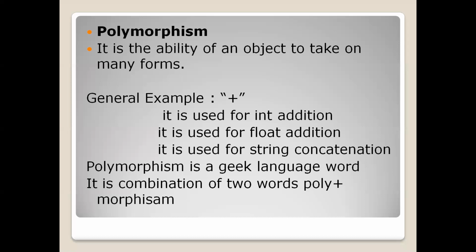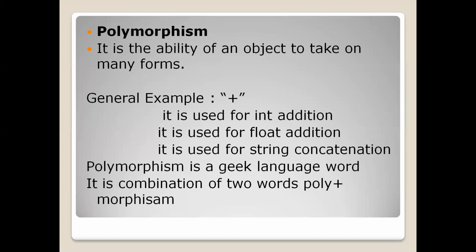Let us take one more general example, what we are seeing on the screen. Here we are considering an operator called plus. We all know the plus operator, plus symbol, right? So if we have defined three integer variables, please observe and please make a note of each and every point what is coming out here, right?